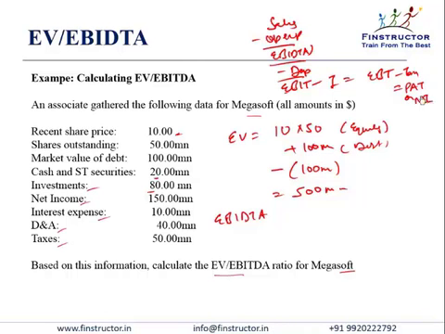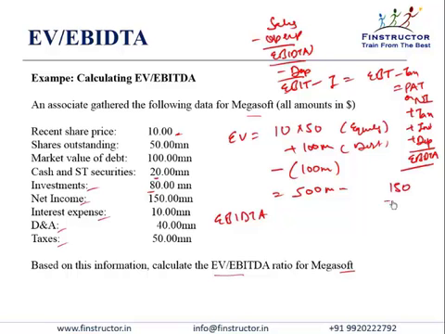So to the net income, I need to add back the tax, I need to add back the interest, and I need to add back the depreciation to get to the EBITDA.